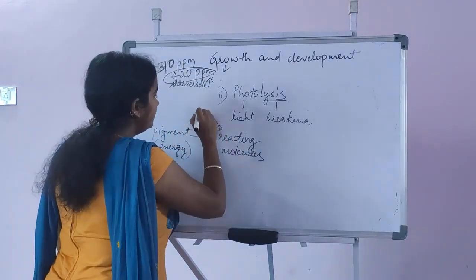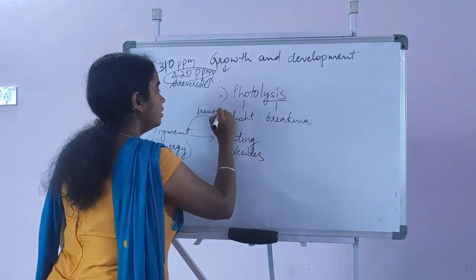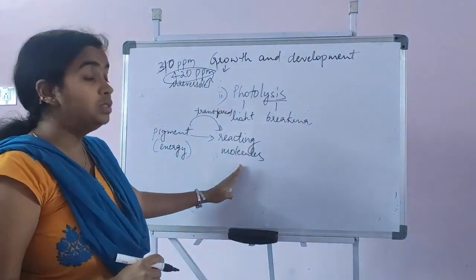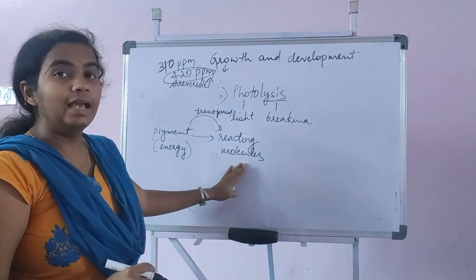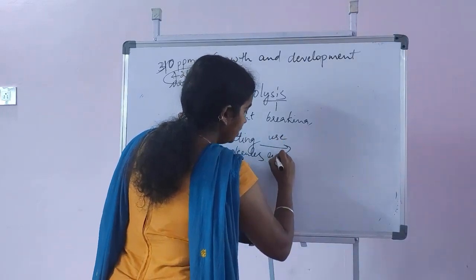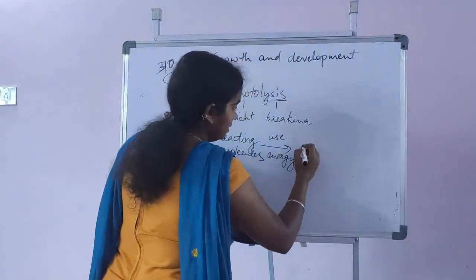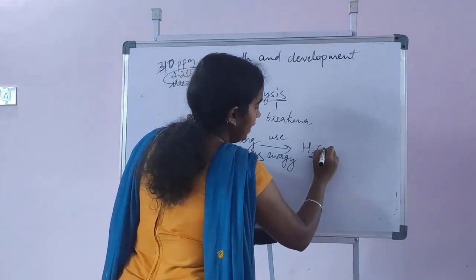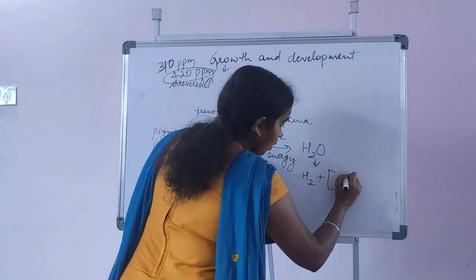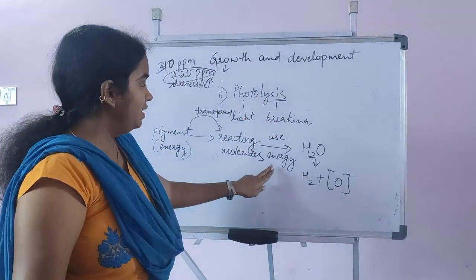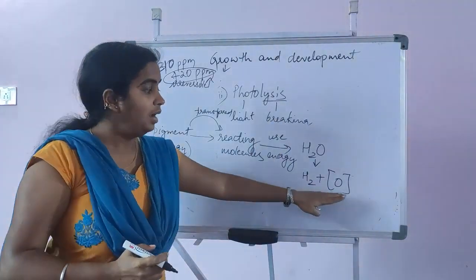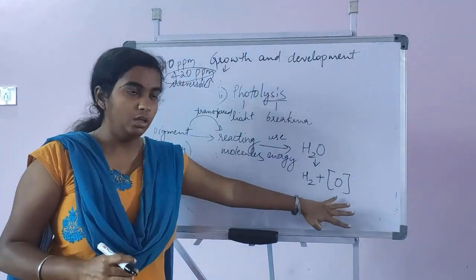This energy is transferred to the reacting molecules nearby, and these reacting molecules use the energy in photolysis. As I have told you, H2O will be broken down into hydrogen and nascent oxygen, single oxygen.